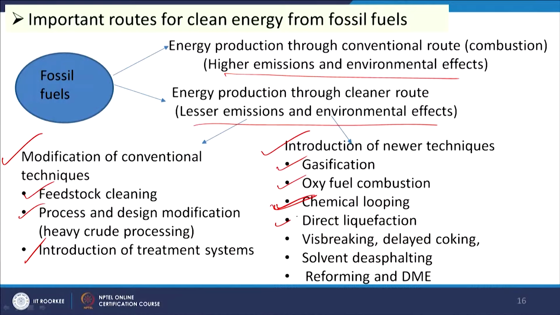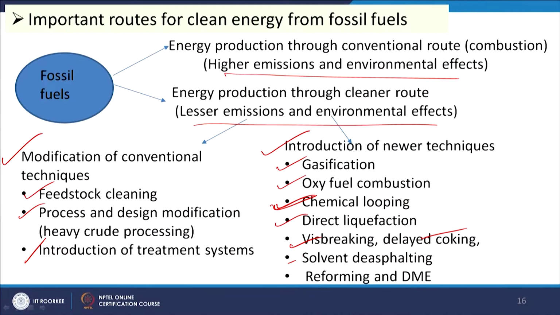And direct liquefaction is another method in which coal can be converted to liquid directly. This method is also being investigated widely around the world and is expected to be a cleaner route for the production of energy from coal. Now, if we think about the utilization of crude oil, after the refinery we get vacuum residue. That vacuum residue can be upgraded, so that a good amount of it can be converted to usable liquid fuels.